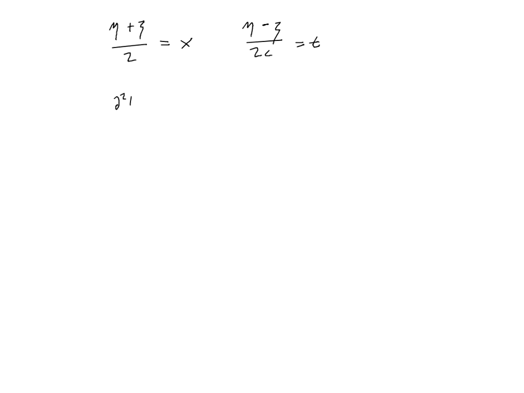Instead of the second derivative of psi with respect to x minus 1 over c squared times the second derivative of psi with respect to t equals 0, you can rewrite it as the second derivative of psi with respect to eta and zeta equals 0.